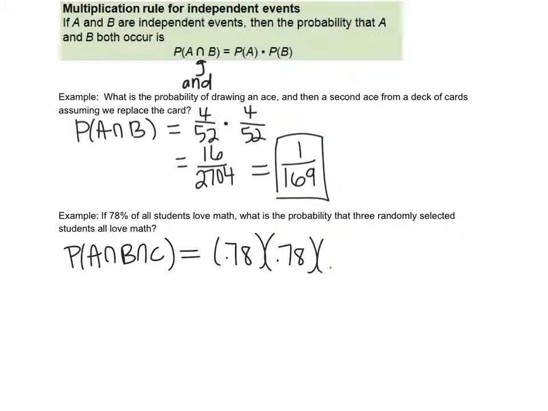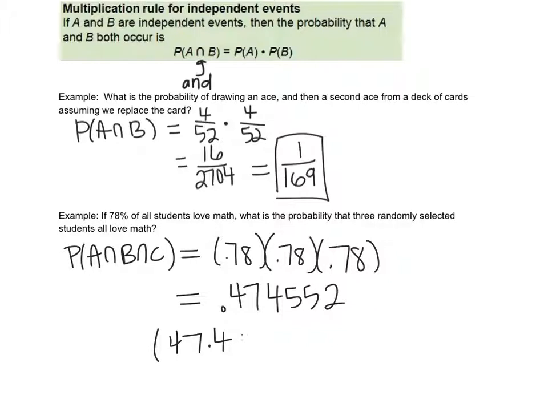It's still 0.78. And our third student, the probability is still 0.78. When I multiply 0.78 times 0.78 times 0.78, we end up with 0.474552. If you think in terms of percentages, that's a 47.4552% chance that 3 students chosen at random all love math.